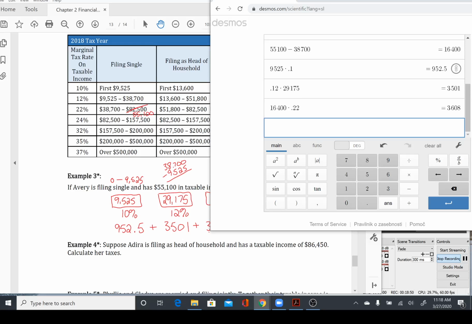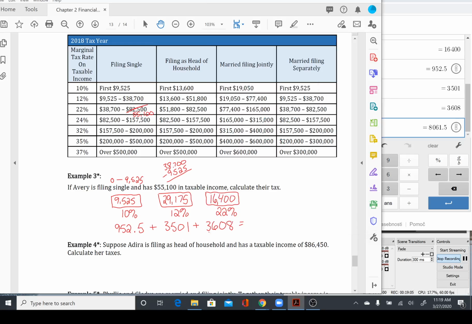So Avery will need to pay a total of $8,061.50 in taxes on the income that they had.